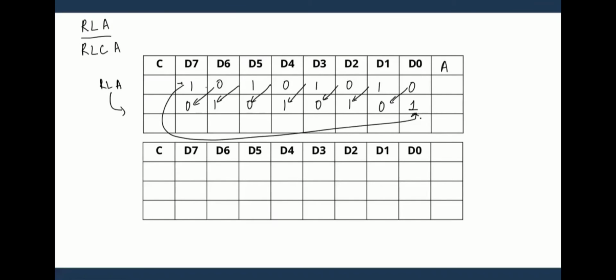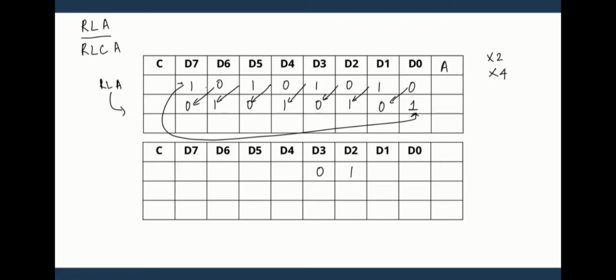Okay, then what about rotate left through carry? RLA is equivalent to multiplying by 2. You can see the first number is multiplied by 2, and if we do it 2 times, it is equivalent to multiplying by 4.